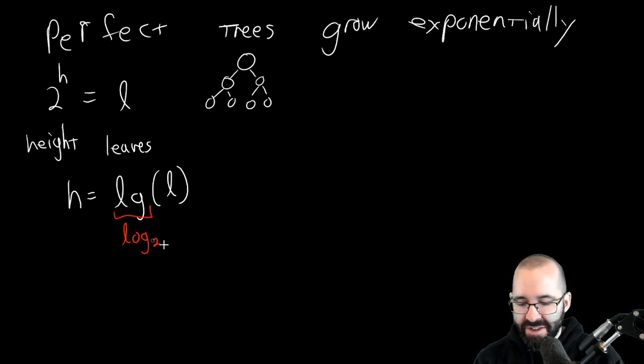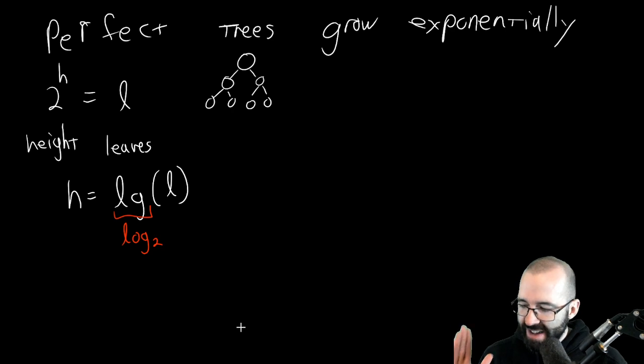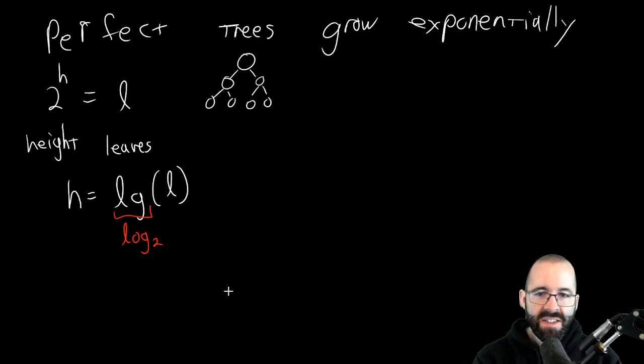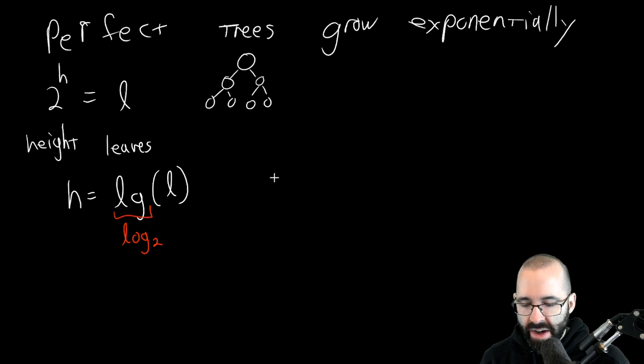Again, I'm a mathematician, so this feels very weird to write, but it is a thing, log base 2, because when you're dealing with so many binary things, log base 2 is the natural, not the common log, not the natural log. Log base 2 is usually the way to go. So this is really nice. And you can use this to find the relationship between how many leaves your perfect tree has, and the height of that tree. Again, this is only for perfect trees.